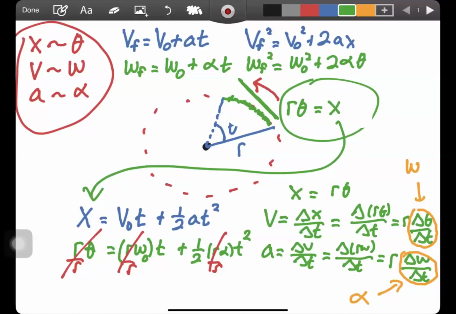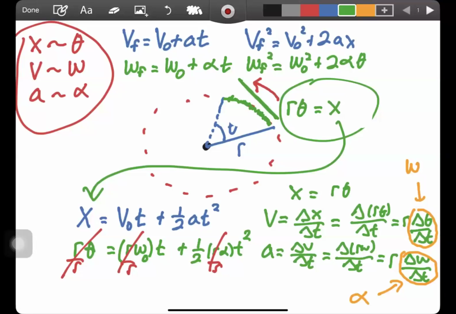And so I hope you can see that you've actually done most of the learning already when you were dealing with linear motion. The key is understanding that for a certain angle theta that's swept out in circular motion, that corresponds to an arc length of r theta, which is the amount of angle that's swept multiplied by the distance of the radius from the axis of rotation to where the circular motion is taking place.